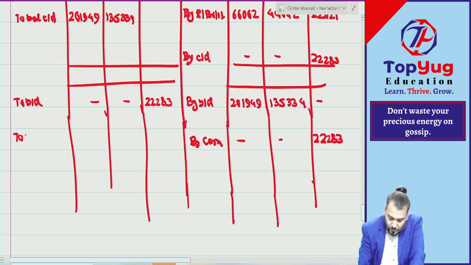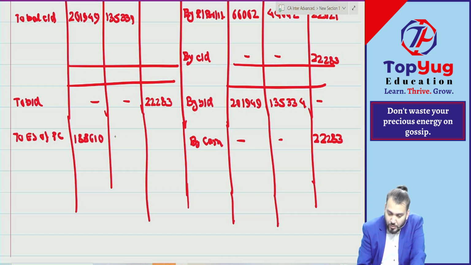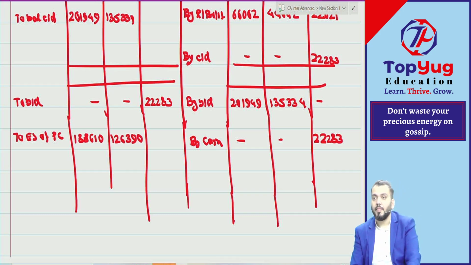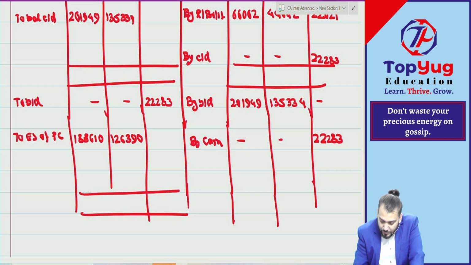Now you can do that on 2 equity shares, equity shares of private company. How much? It is 1 lakh 88,610 and 1,26,390. And can you say the balance will be automatically paid in cash? So can you give me the balance sheet figure now?